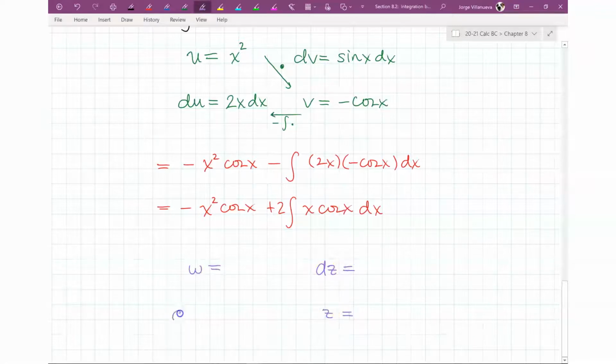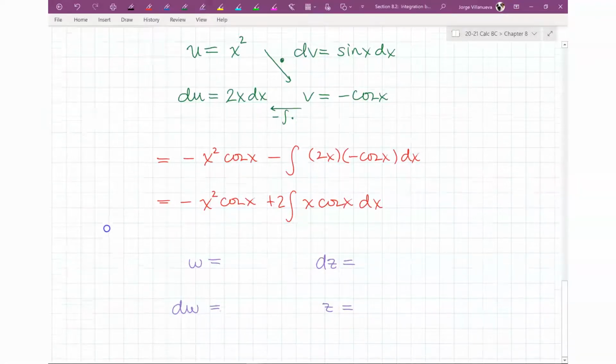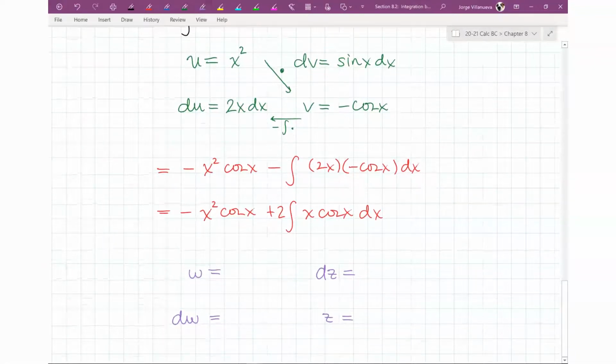Change your variables, because if you use u for both of them, then someone who's grading it is going to be like, hey, how can u be x squared and u is going to be something else as well? So you have u assigned to do two different things. How is that possible? So they can kind of get on you for that. So usually it's good to change the letters if you have to do a secondary integration by parts.